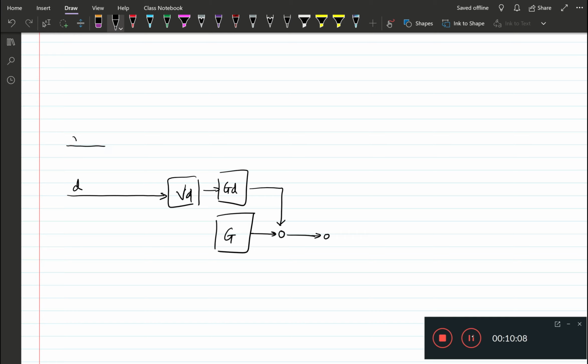Then we have a reference entering here. This would be Y and this would be E.